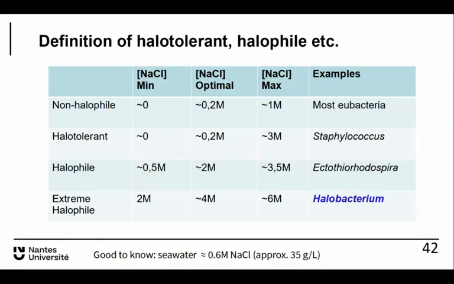Apart from halotolerant bacteria, halophiles, and extreme halophiles. So halotolerant bacteria, their optimum sodium chloride concentration is 0.2 molar, just like non-halophilic bacteria. But they can grow up to concentrations of about 3 molar. So the big classic example of this is Staphylococcus.